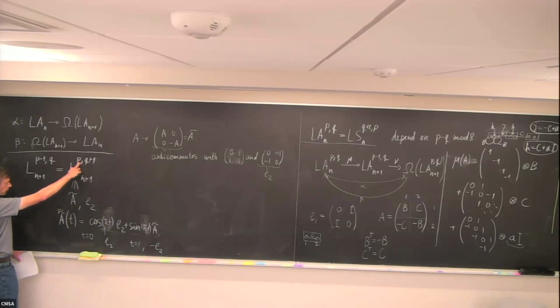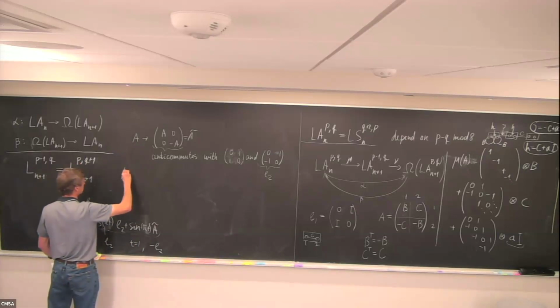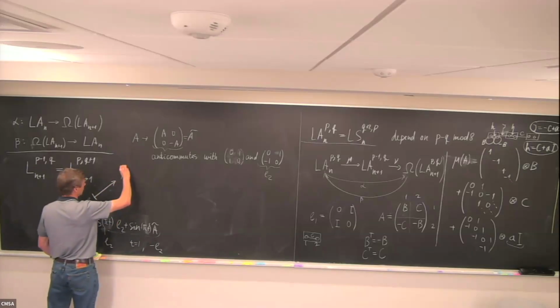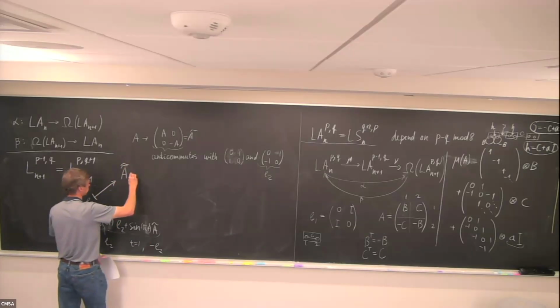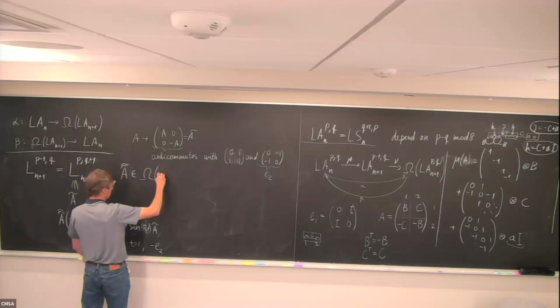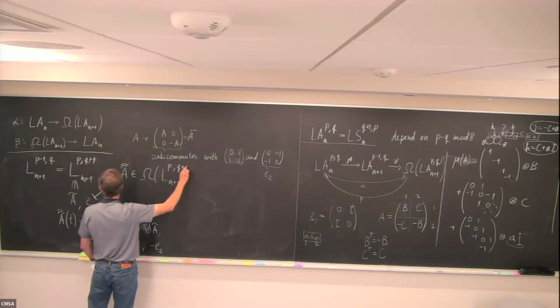and A tilde, A double tilde belongs to omega of L n plus 1 E Q PQ.